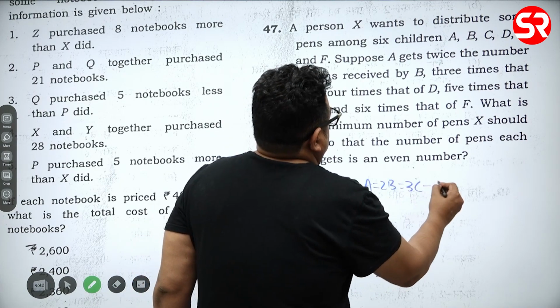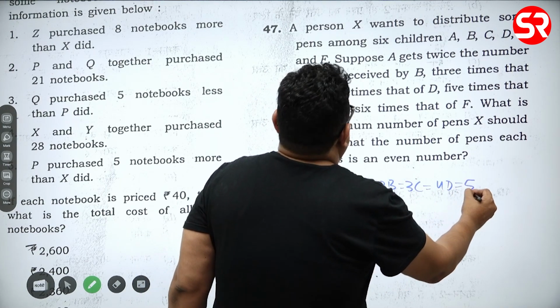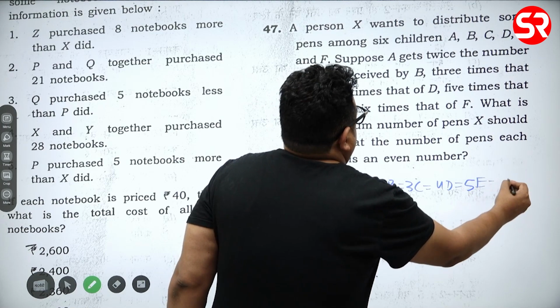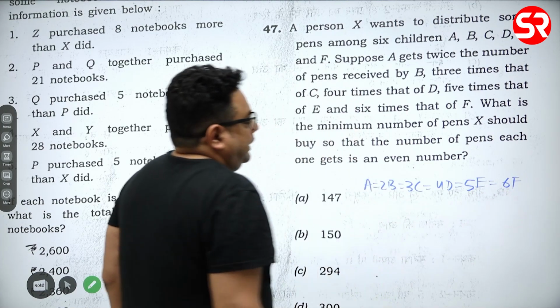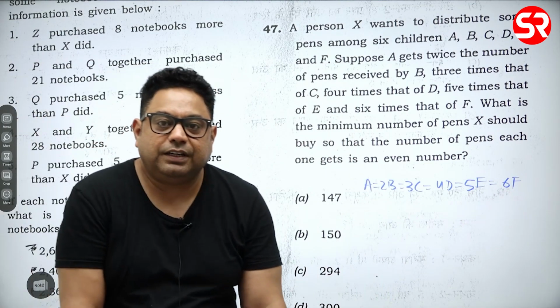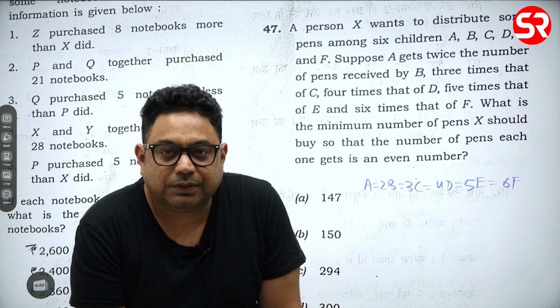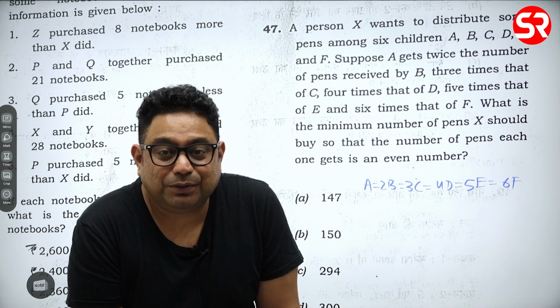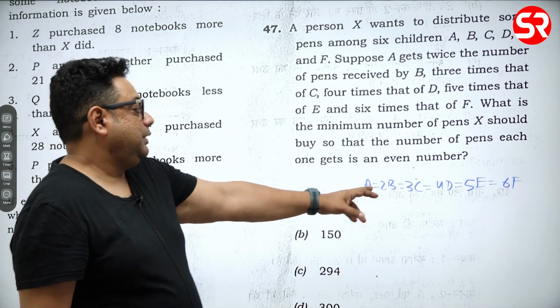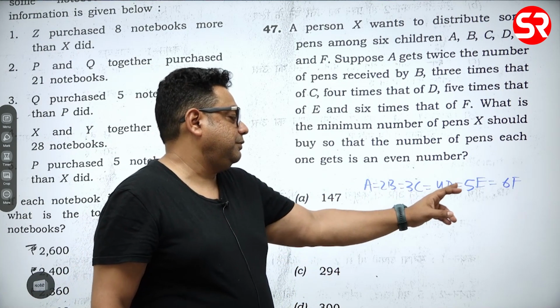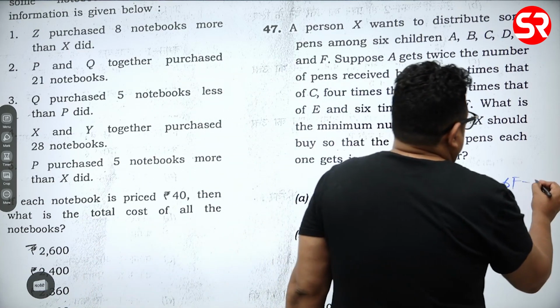See, A gets twice of B, thrice of C, 4 times D, 5 times E, and 6 times F. And I have told you many times, when such numbers are given to you, just check out the chapter LCM HCF. Make them equal to the LCM of 2, 3, 4, 5, 6, which is equal to 120.